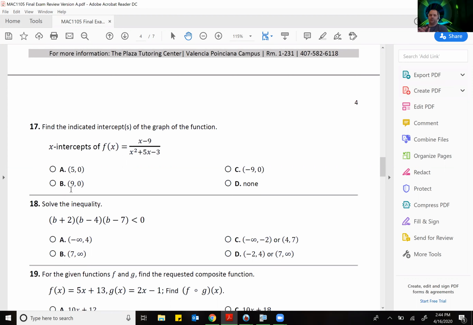Remember that I told you the first thing when dealing with inequalities, especially when it comes as a polynomial, because that's what this one is, you need to find those critical values. And what are the critical values we're going to be looking at for polynomials?